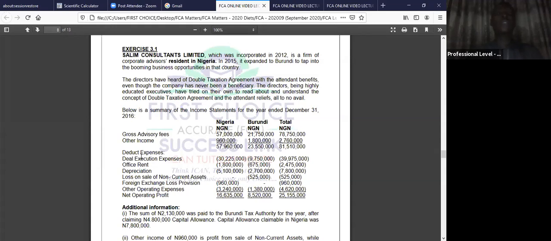Now, exercise 3.1. Salim Consultants Limited, 2012. Now, this incorporation date is not too important in our tax calculation, but there comes a time when we look at it. For now, it is not important. It's a firm of corporate advisors resident in Nigeria.